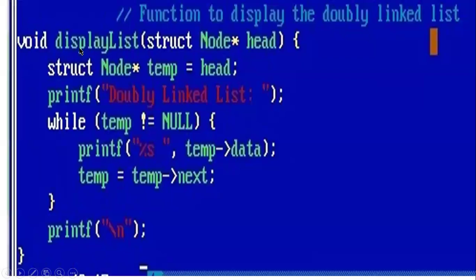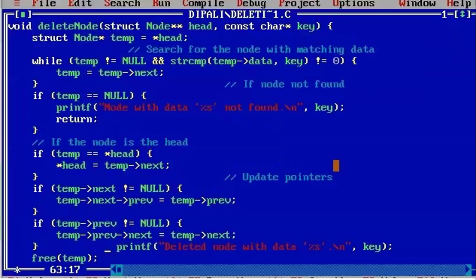Then this function is used to display the created list. And this function is used to delete a node. As I told you, we can delete a node with the help of the free function.